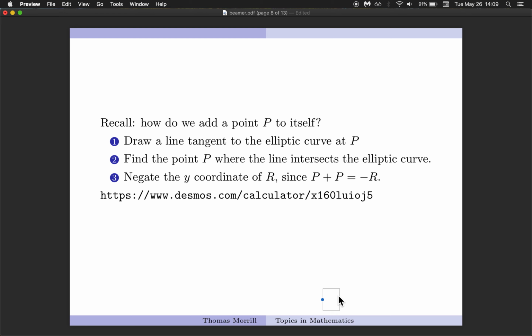So what I want to focus on for this lecture is that since we've got 2 copies of P and together they make the point minus R, what happens if we continue to add on more of the same point?